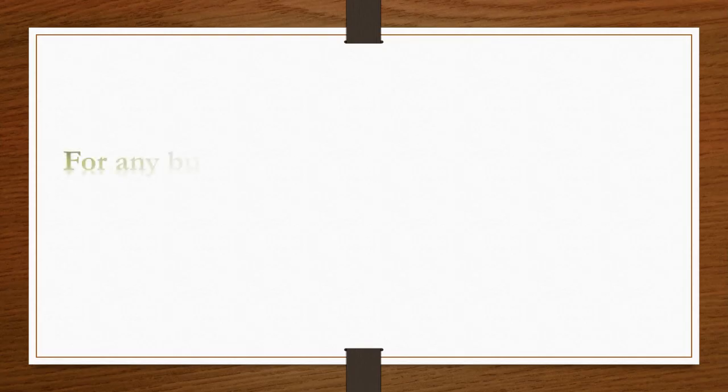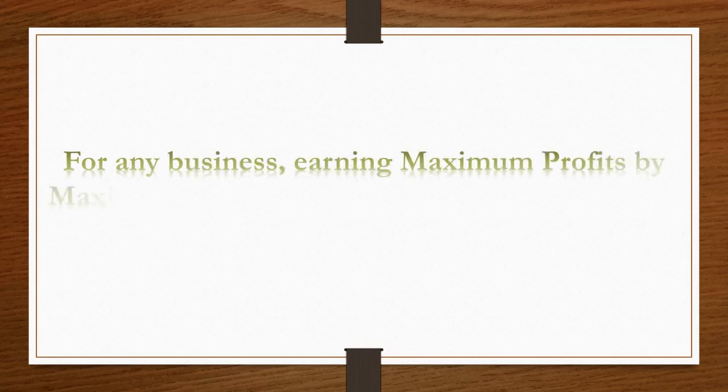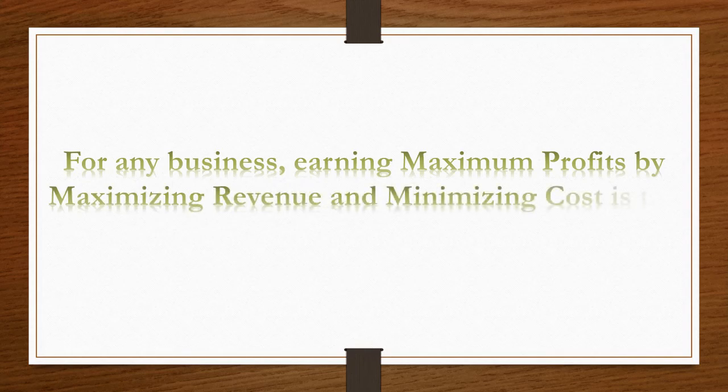Let me ask you a question. For any business, we know that earning maximum profits by maximizing revenue and minimizing cost is the primary objective. That means if I want to earn maximum profits, I need to increase my income and reduce my cost.